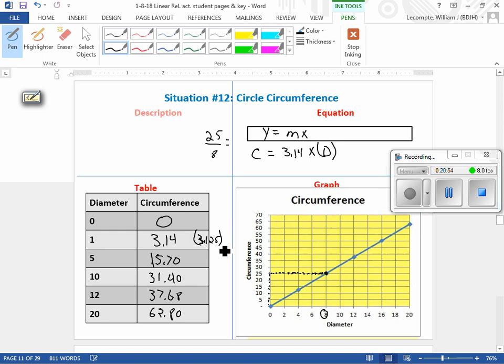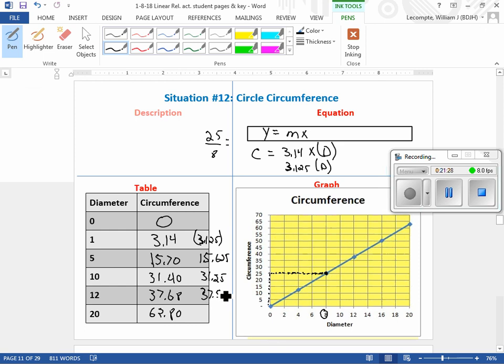So I actually changed this to 3.125 just to give y'all a better understanding, right? And so when I did that times 10, I got 31.25. And then at 12, I got 37.5. And at 20, I got 62.5.